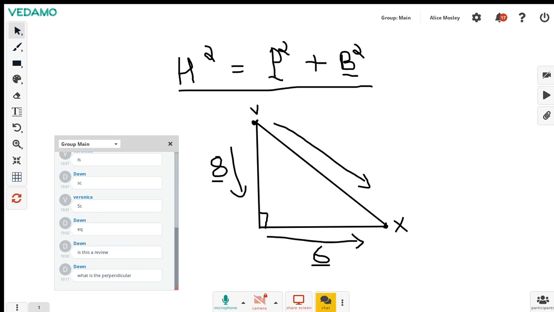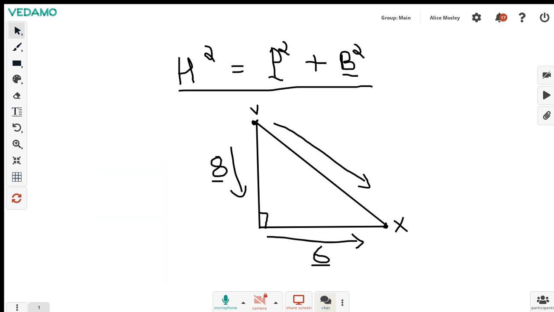Okay. Miss Dawn says what is perpendicular. So Miss Dawn, the height of the triangle is perpendicular. We already talked about this. So this is the base. What we talked about is whenever you see an L, whenever you see a 90-degree angle, the side attached to the 90-degree angle is base, and the other side, which is the height of the triangle, is perpendicular.